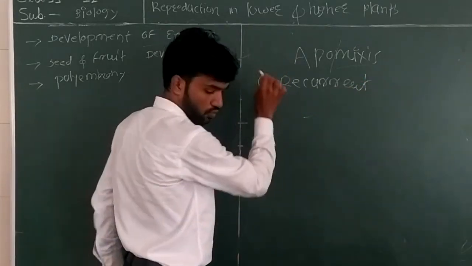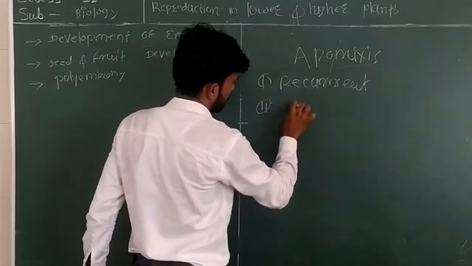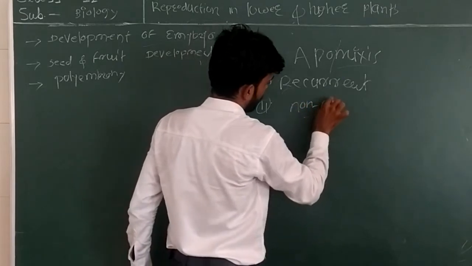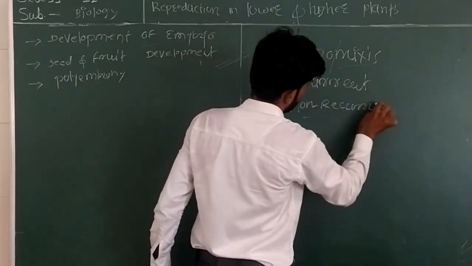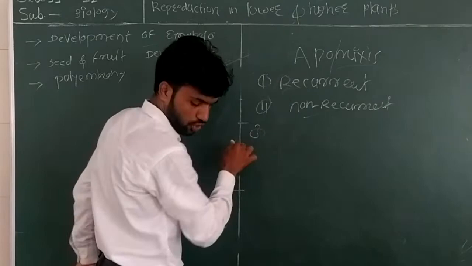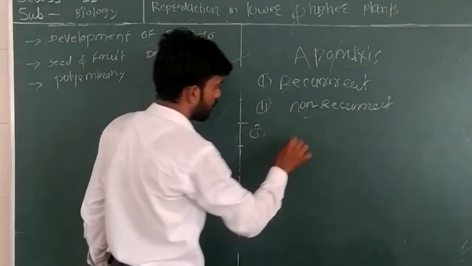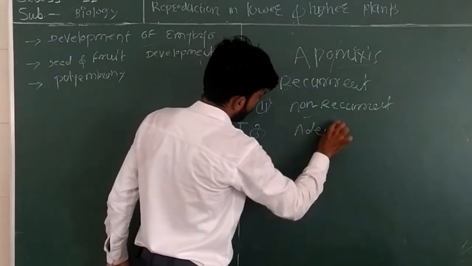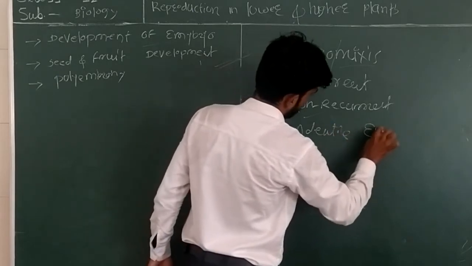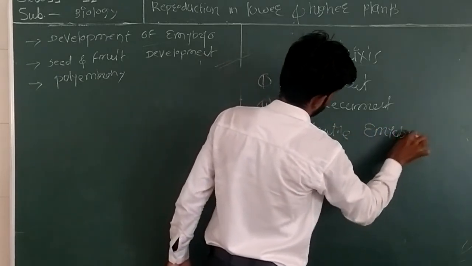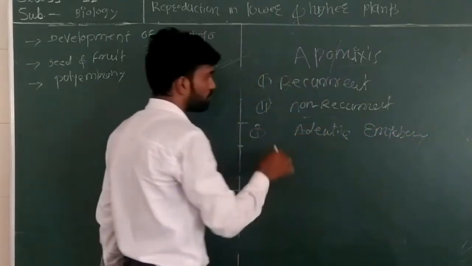Second is non-recurrent apomixis. And third is adventive embryony. Now we see them one by one.